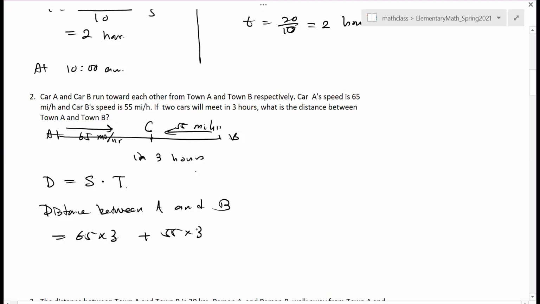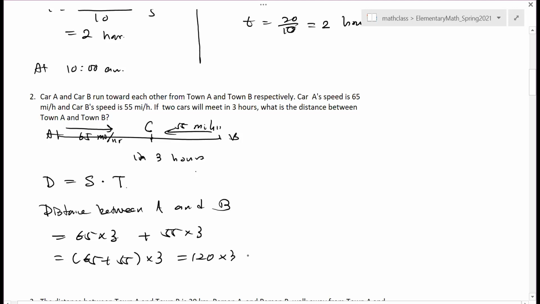Okay, but here's a trick: you don't need to do 65 times 3 and then plus. There's a common factor here. So for the common factor, you should do the addition first, then you don't need to do 2 multiplications. So 65 plus 55 is going to be 120.